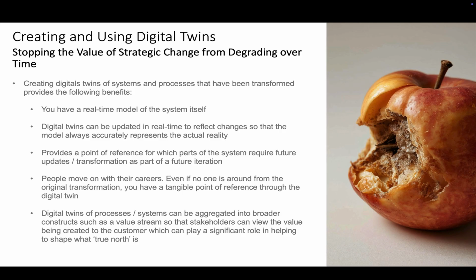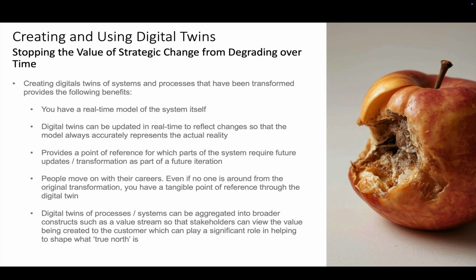Systems, whether they are comprised of one or multiple processes, must change, and ideally change to a better variation of what was in place previously. Consequently, a digital twin must represent a real-time model of the system in question.